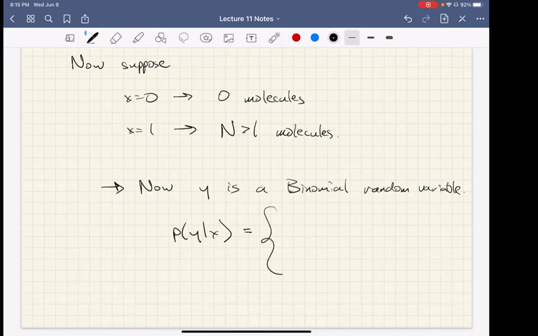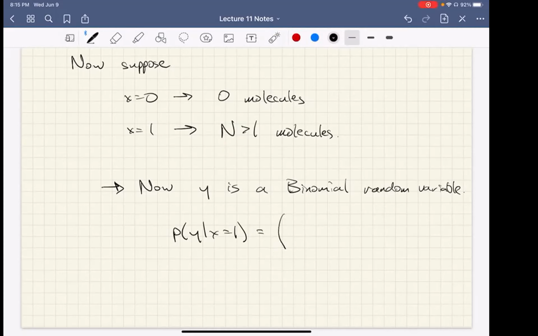And in fact, we can write P of y given x equals 1. So given that I sent something, that means that I must have sent n molecules at the beginning.